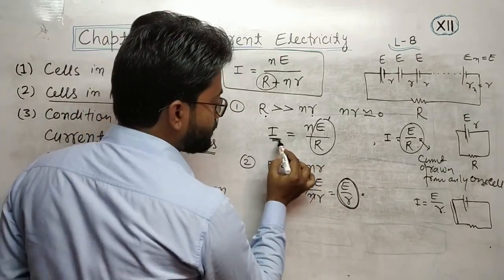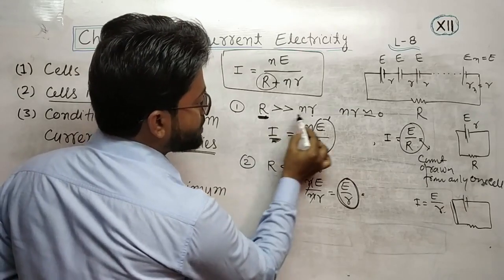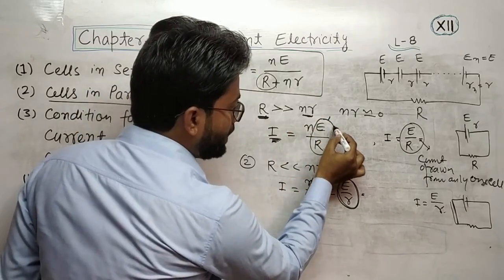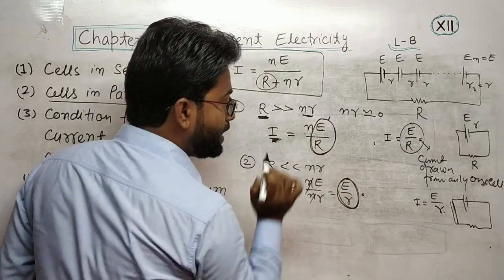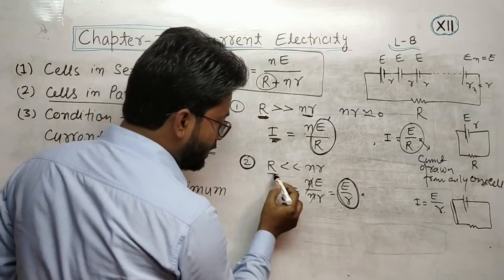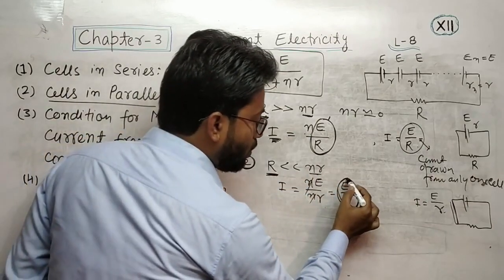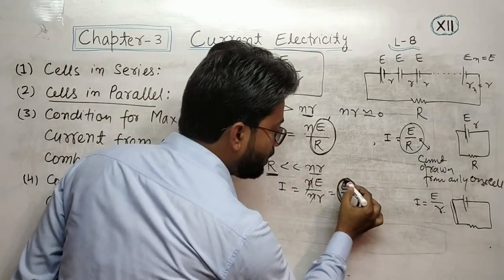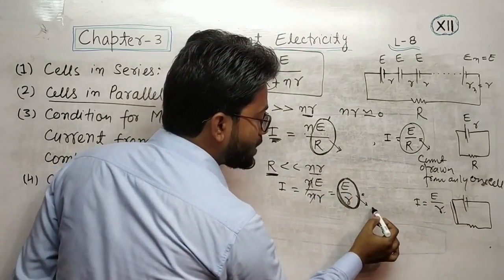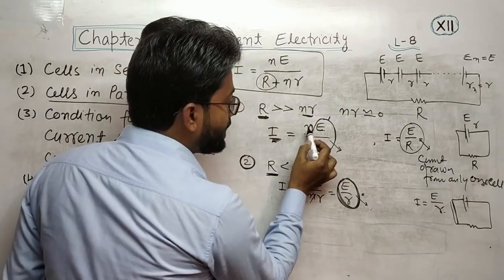But in the first condition, when the external resistance capital R is very much greater than nr, then the current drawn is that of one cell times N. And in the second case, if capital R is very much smaller than nr, then only the current drawn from one cell flows, and here N is not in multiplication.